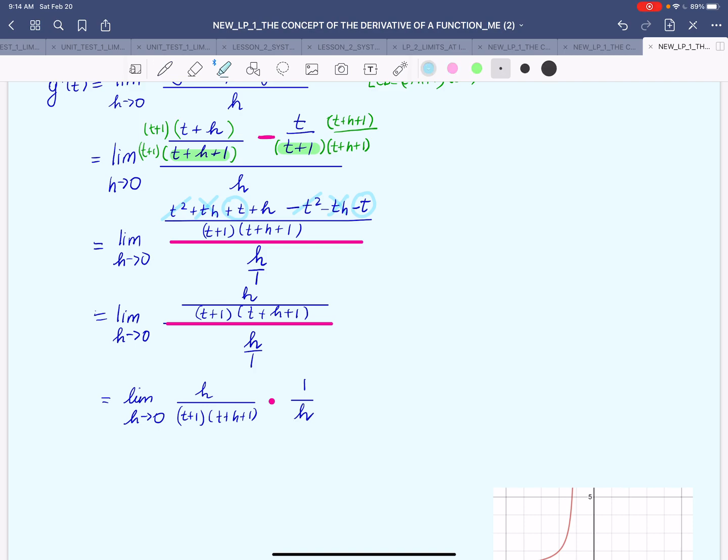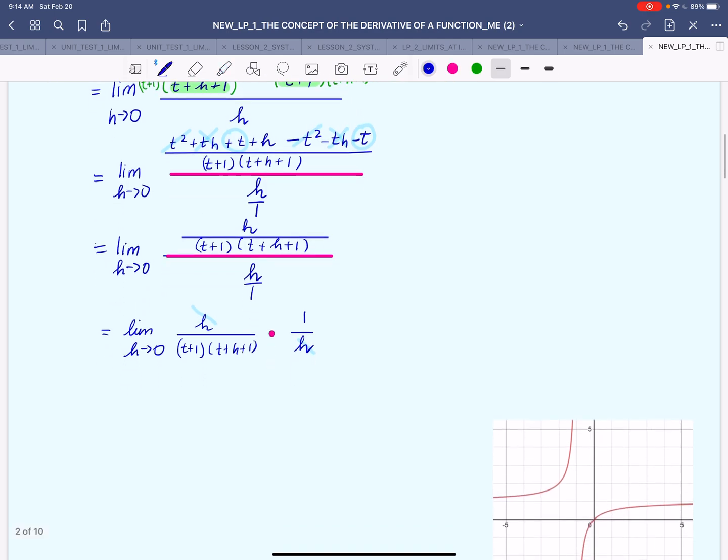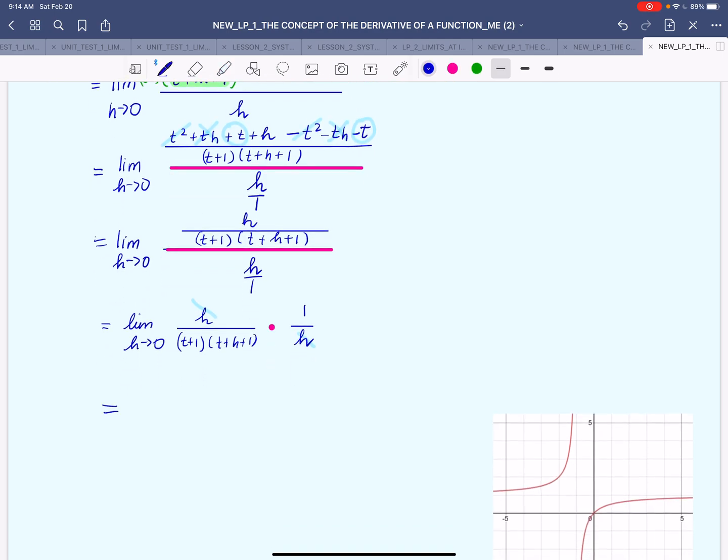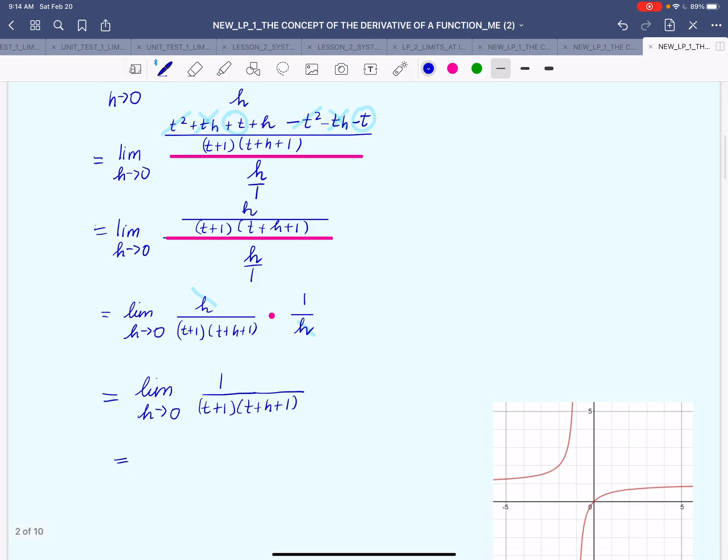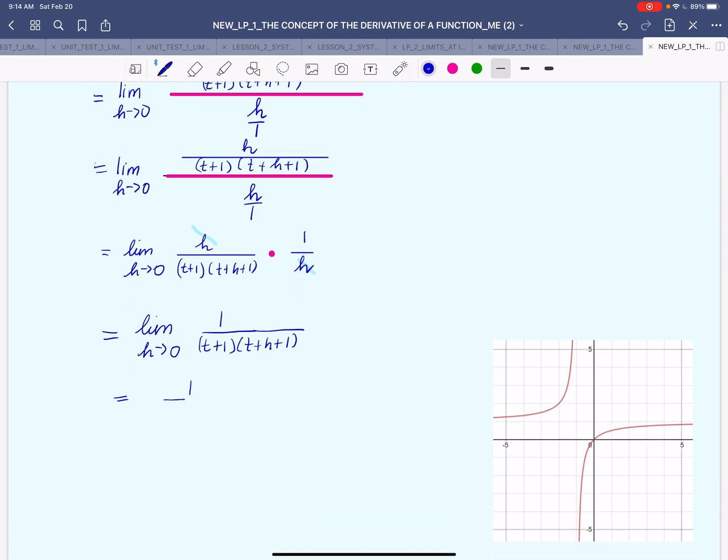And now this is the exciting part. Goodbye h. You can't bring us trouble anymore. And we have the limit as h approaches 0 of 1 over t plus 1, t plus h plus 1. And now we can make h equal to 0. No problem. That would be t plus 1, t plus 0 plus 1.